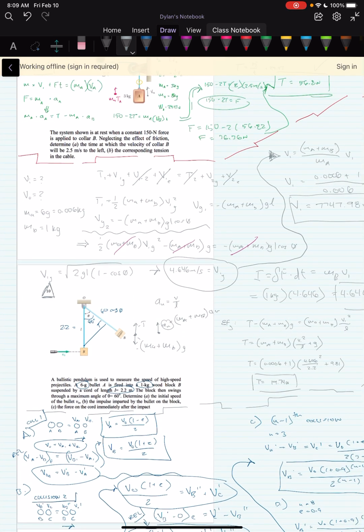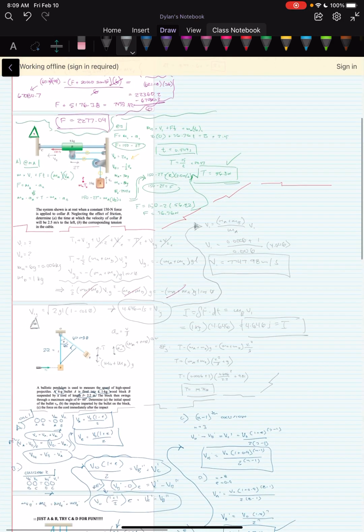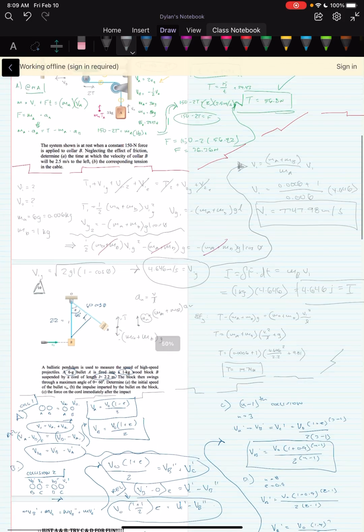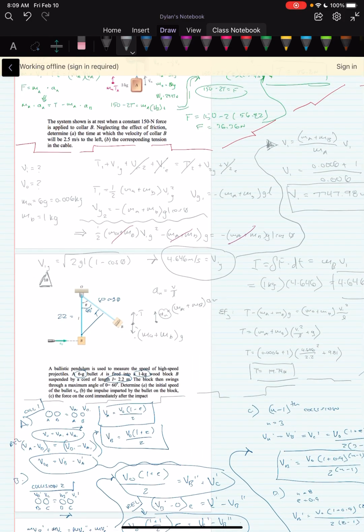So we basically just start with all of our knowns, and we use the conservation of energy equation and basically get rid of all of the items that you do not need, which was an easier process for me doing it that way.